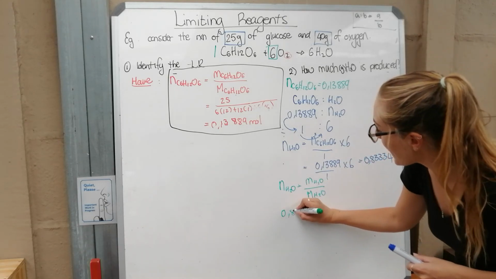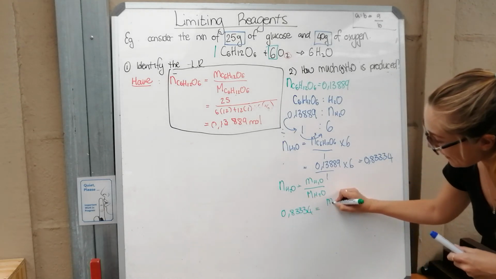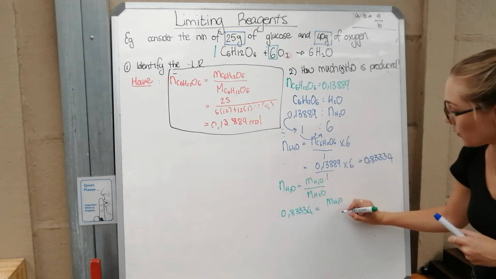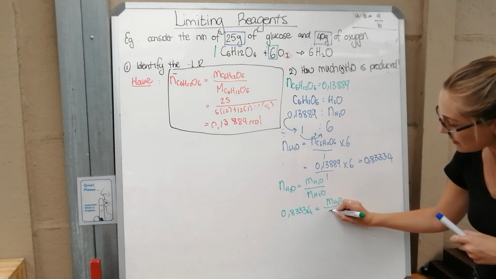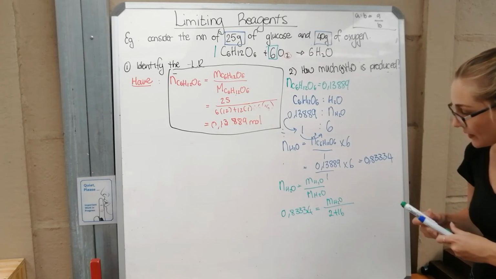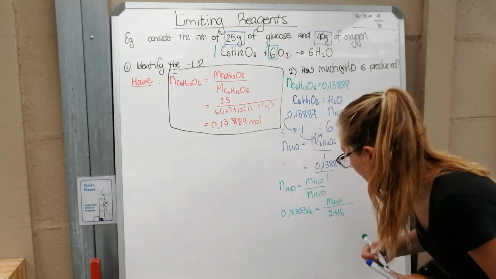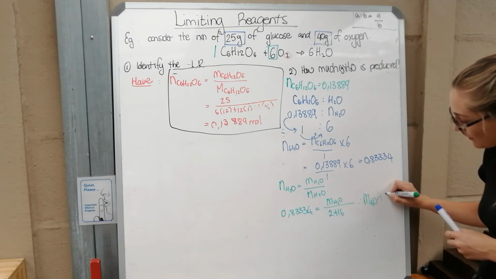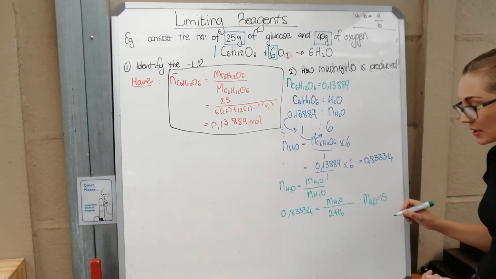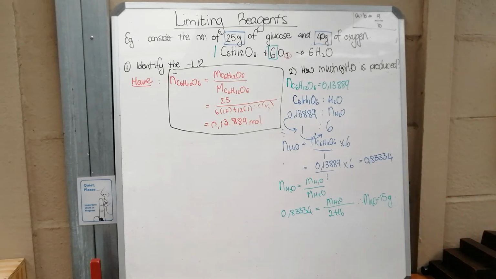So 0.8334 equals the mass of H2O produced, that's what we want, divided by the molar mass of H2O, which is 2 plus 16. Okay, so it's that times 18, and we get that the mass of H2O produced is 15.00012, so 15 grams of water produced.